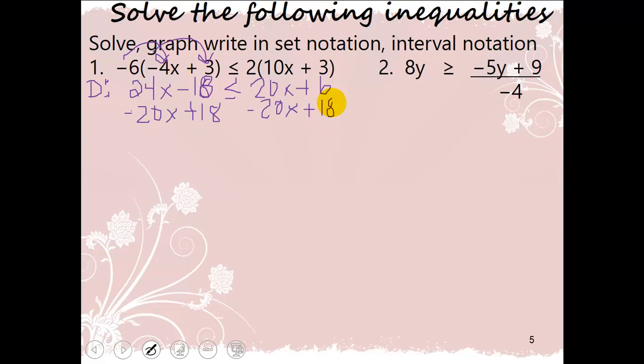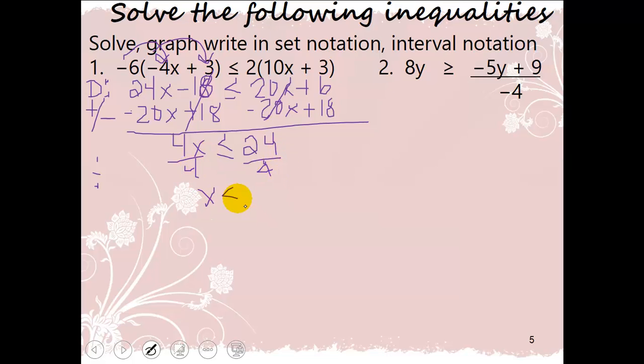So I'm using the addition and subtraction property all in one step. I think you guys can handle that. And I get 4x is less than or equal to 24. Then I'm going to divide, and I get x is less than or equal to 6.